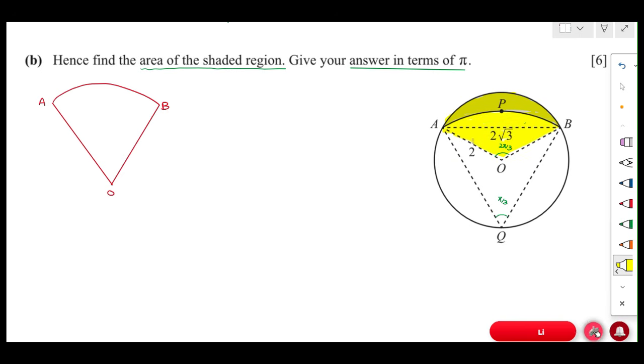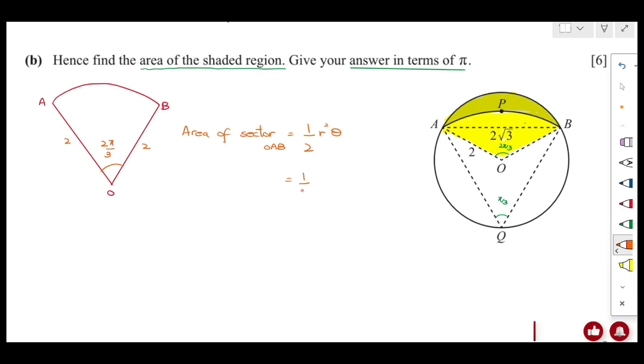Okay, as we know, for this sector the radius is 2, and we got this angle in part A, which is 2 pi by 3. So what is its area? The area of sector OAB in radians is half radius squared theta.